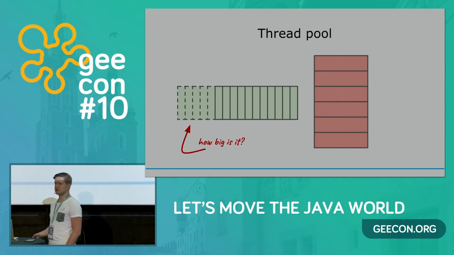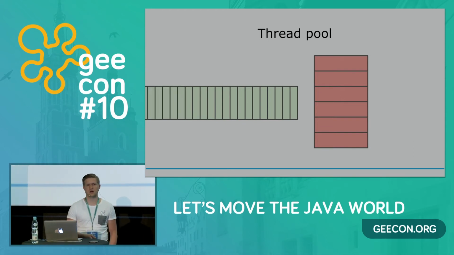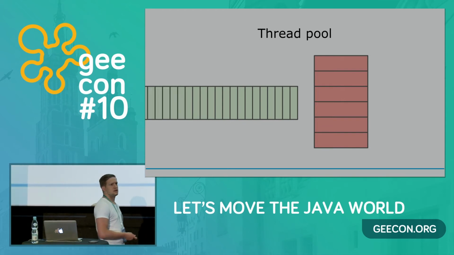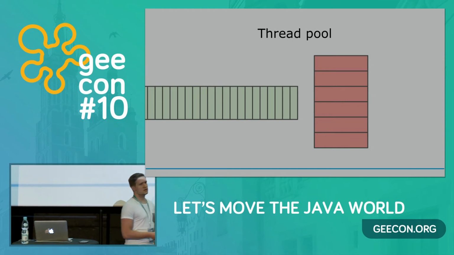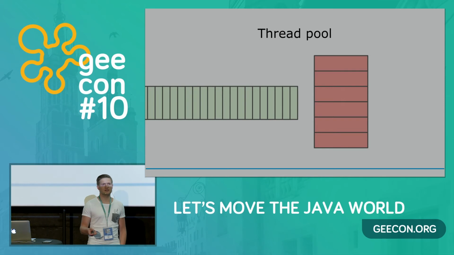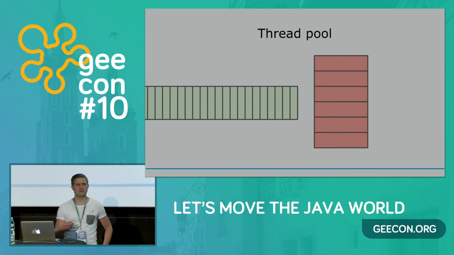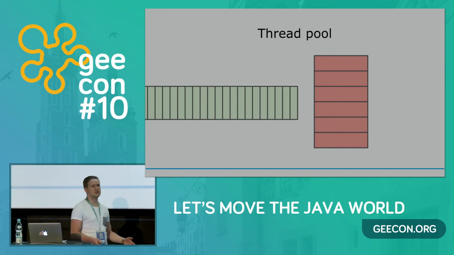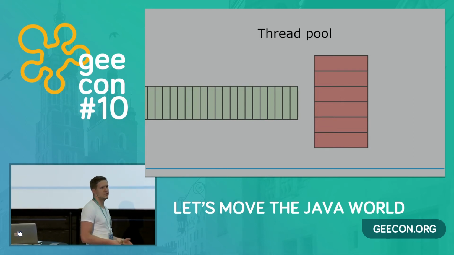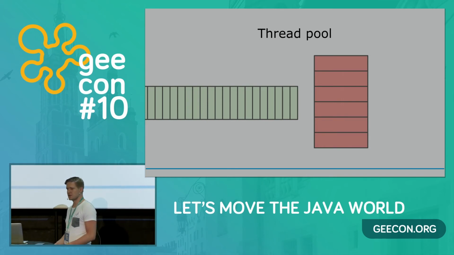Well, the sad thing about the standard library here is that this queue is unbounded in size. Actually, it's Integer.MAX_VALUE size. And if something is unbounded in size on our computers, it only means that it's going to grow for as long as there is enough memory and RAM. And when there is not enough memory, it's just going to be killed and blow up.